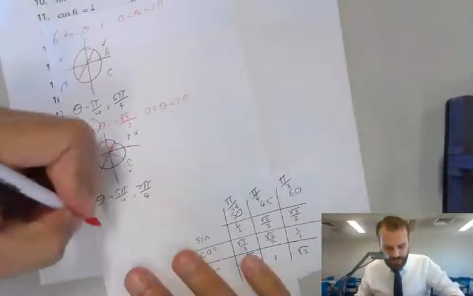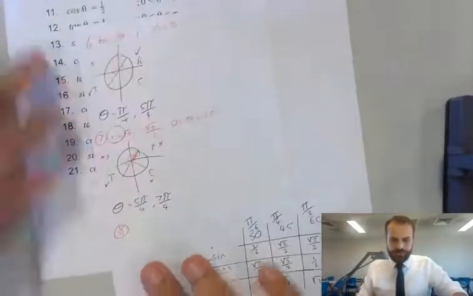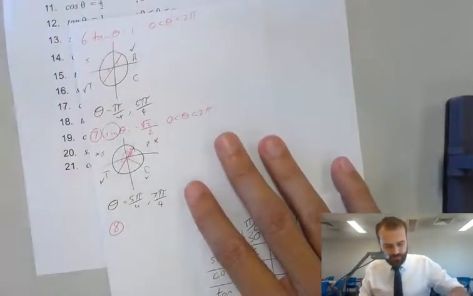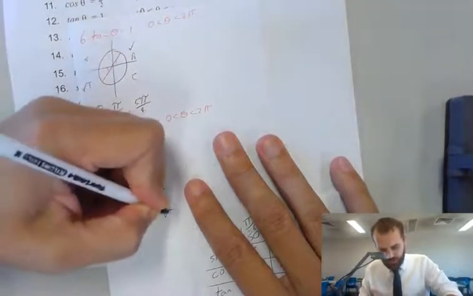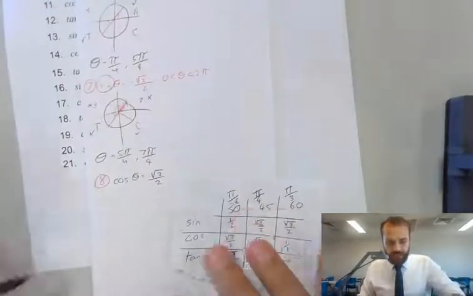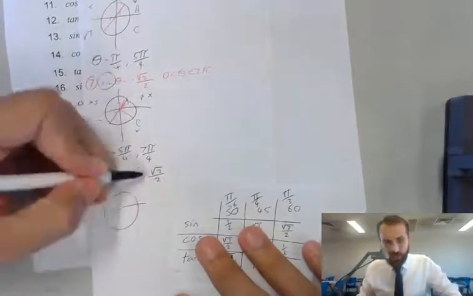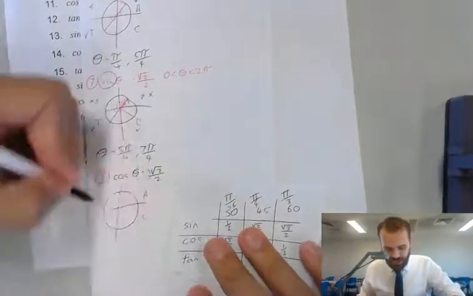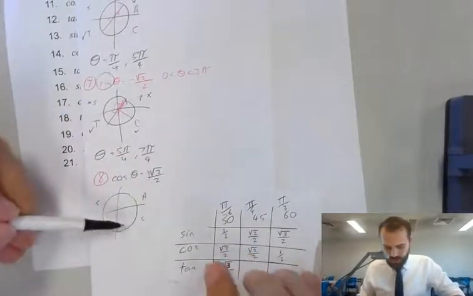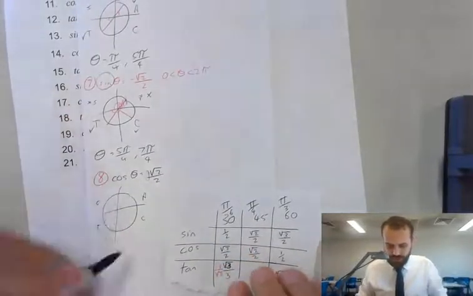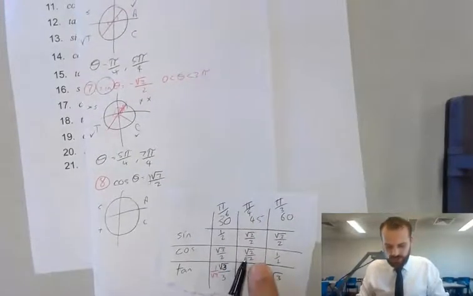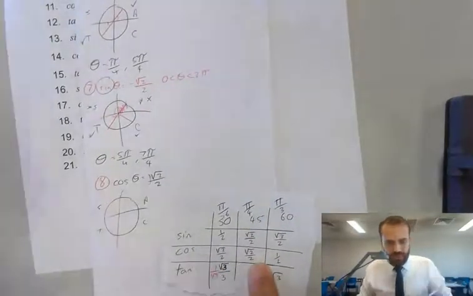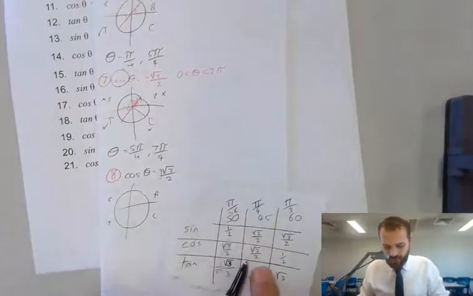Alright, question 8. Cosine theta equals root 2 on 2. Again, circle, positive question, CAST. Cosine theta equals root 2 on 2, which is going to be pi on 4.